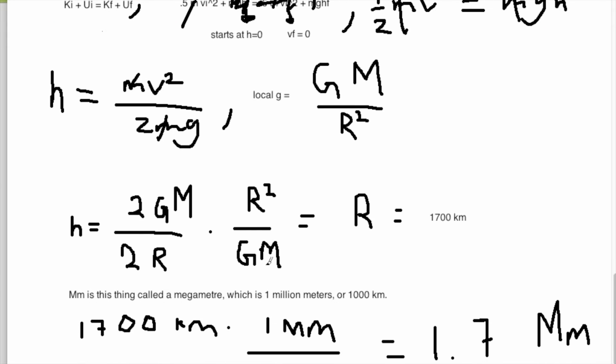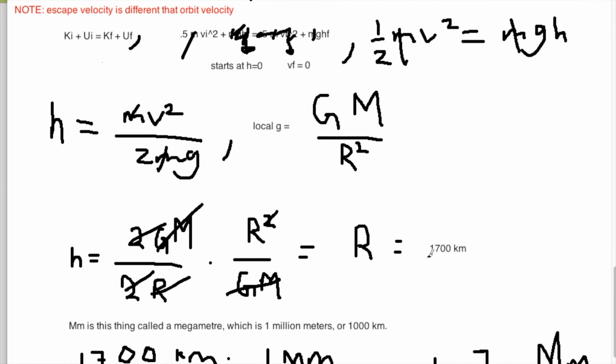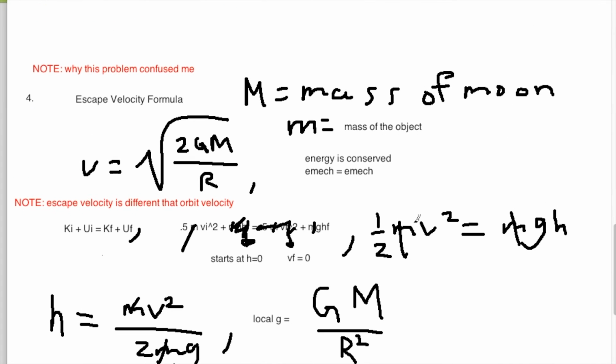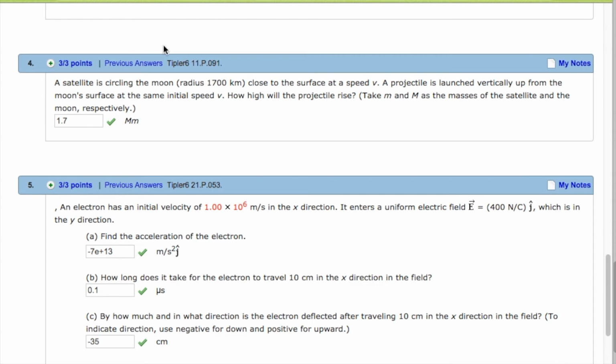So then we substitute this formula for local g into this h, and then I put it out here. Then this r cancels with this. These GM's cancel. The 2's cancel, and it ends up just being r, which is 1700 kilometers.